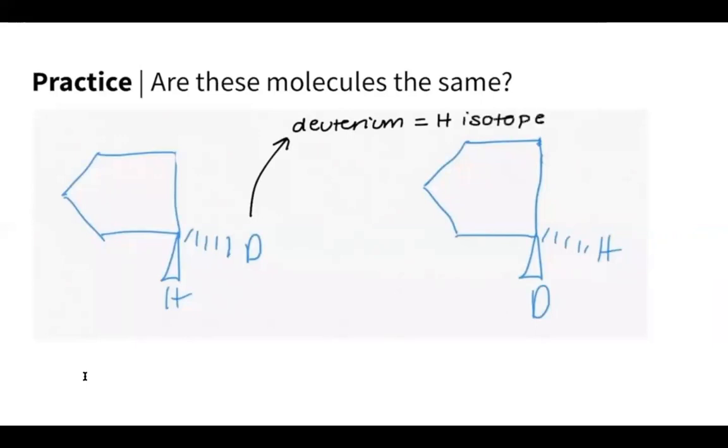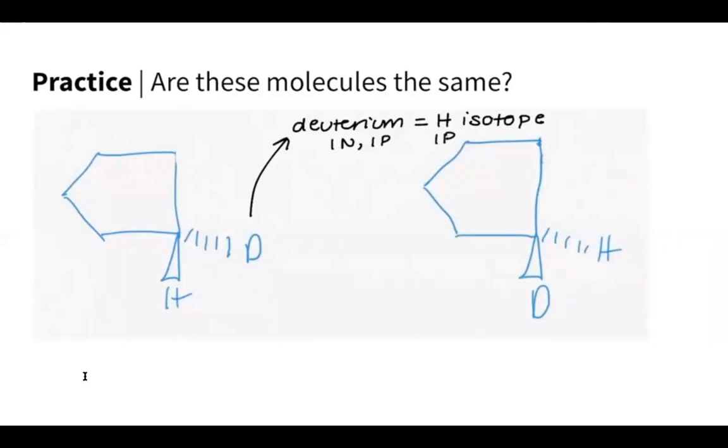I believe deuterium is 1 neutron, 1 proton. You don't need to memorize that, although sometimes it will come up. And H is just going to be 1 proton, I believe. I'm not going to write that because it's on the periodic table. So sometimes you will see Ds in orgo, and so just so you know, it's deuterium.